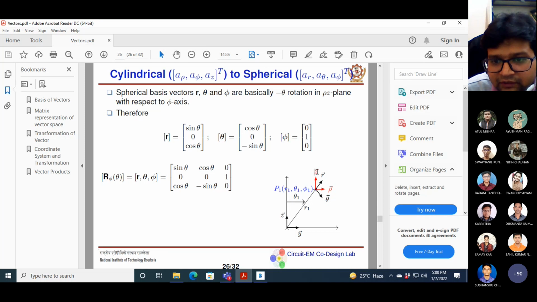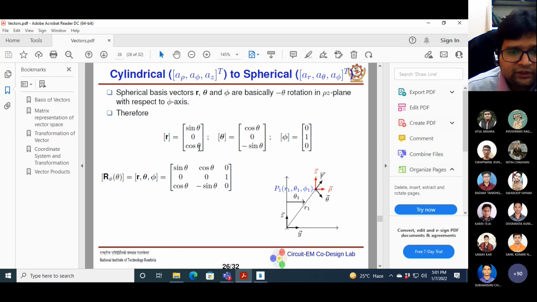This z becomes R and this rho becomes theta. So this way it is rotated. You can see this z becomes your R, and this rho becomes theta. This thing has happened.